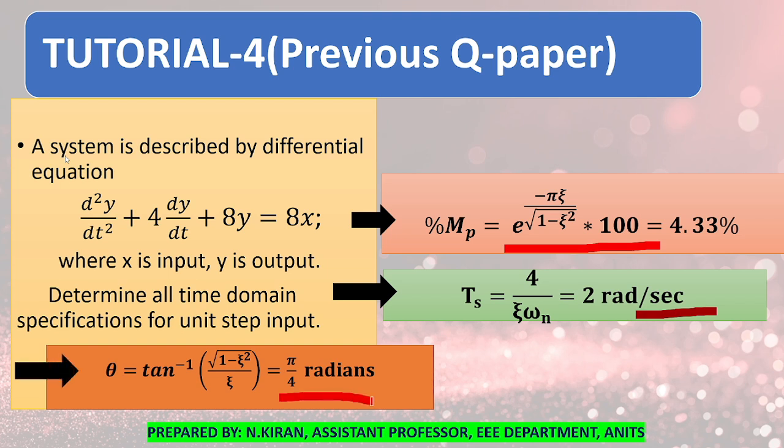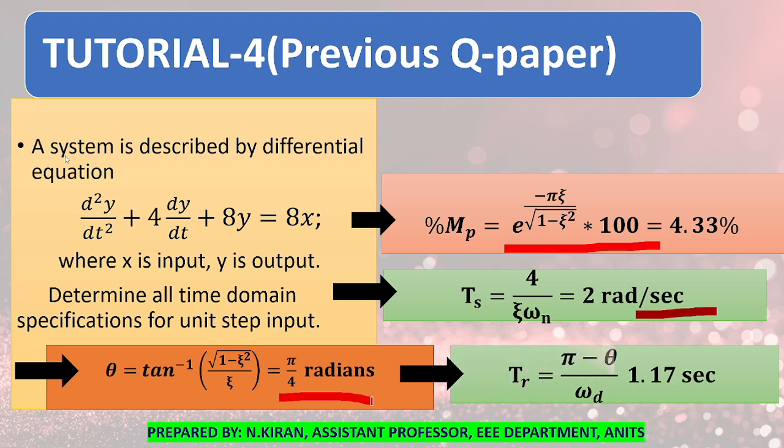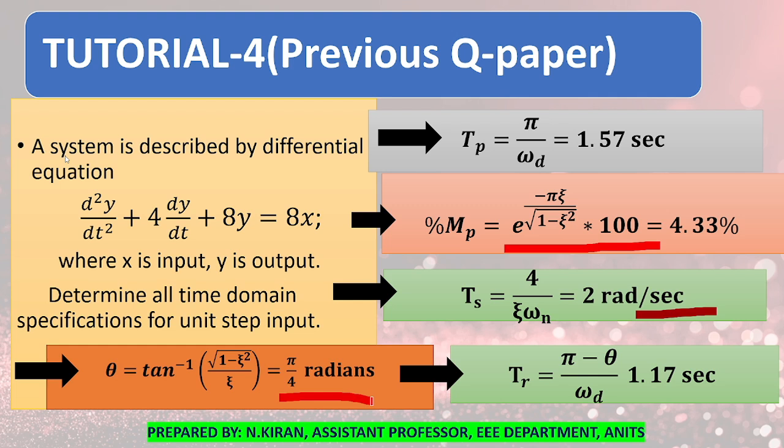So the rise time formula is pi minus theta by omega d, which will give you the value as 1.17 seconds. And lastly, peak time is pi by omega d, and if I substitute the value of omega d, it will give me the value of peak time as 1.57 seconds.